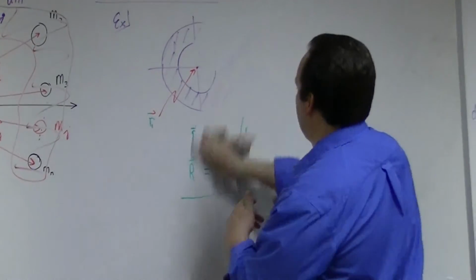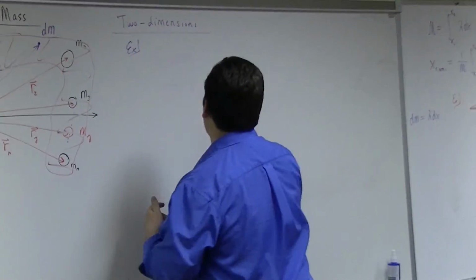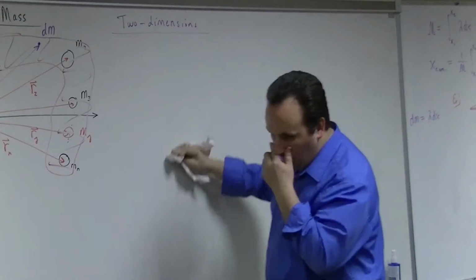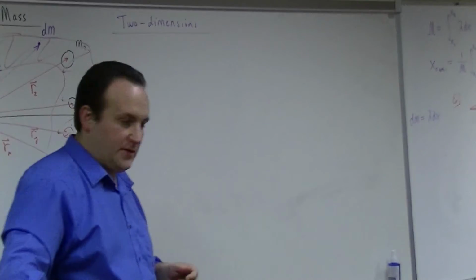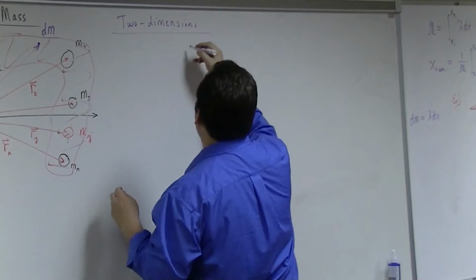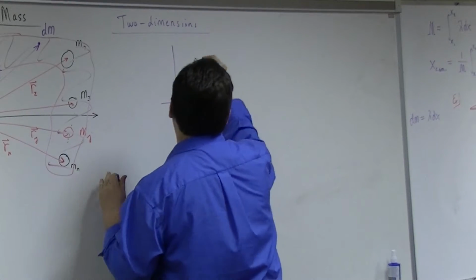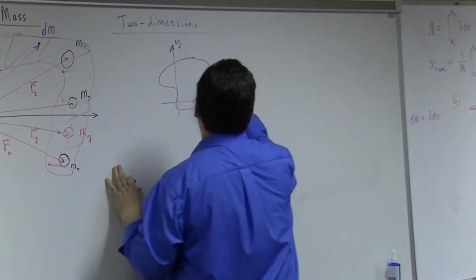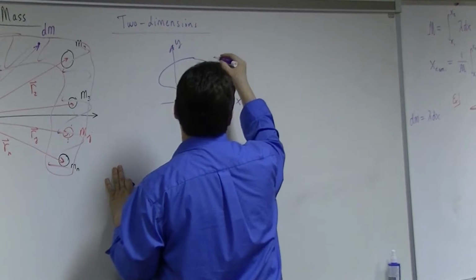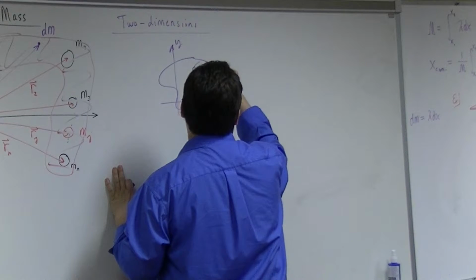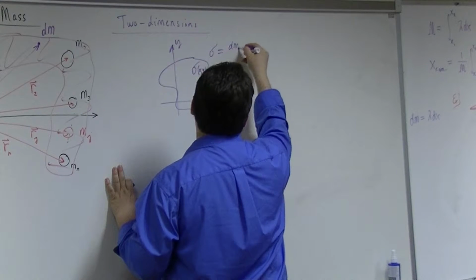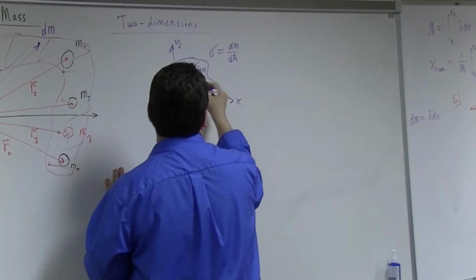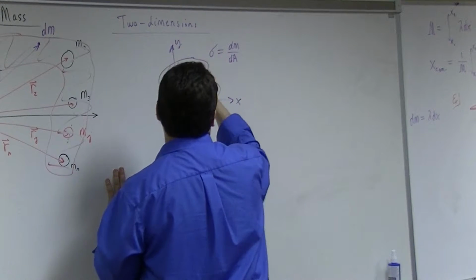Your integral over the blob has to become a double integral. So if I have some laminate in, say, the x-y plane, and I have sigma as a function of x and y, where sigma is equal to dm/dA, then to find the net mass of this region, I need a name for it.